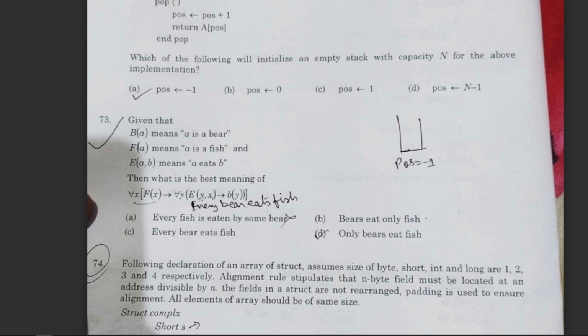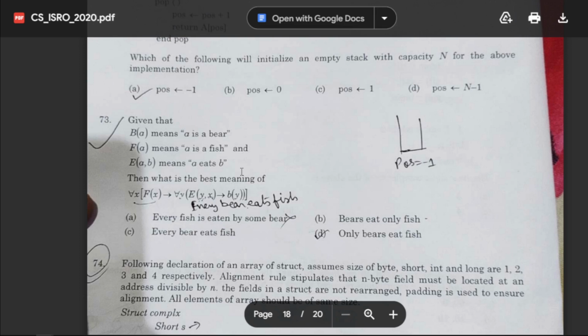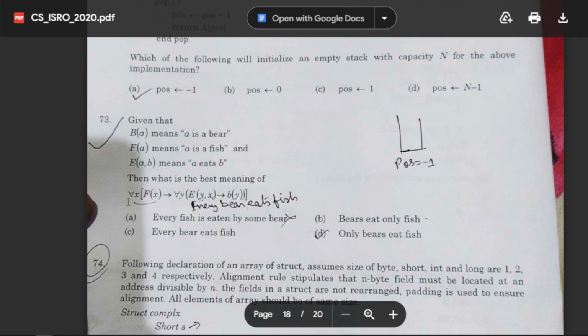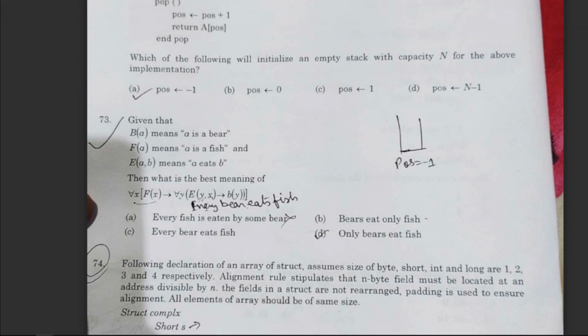BA means A is a bear, FA means A is a fish, and EAB means A eats B. So it is saying that for all x, in all the domain, if x is a fish, then for all y, E of yx, that is y eats x, then B of y, that is y is a bear. So that means only bears eat fish.